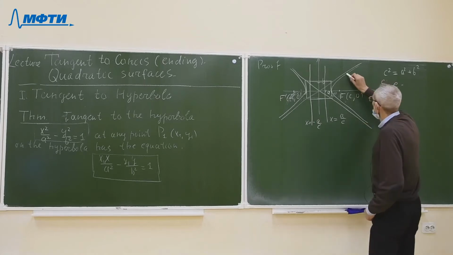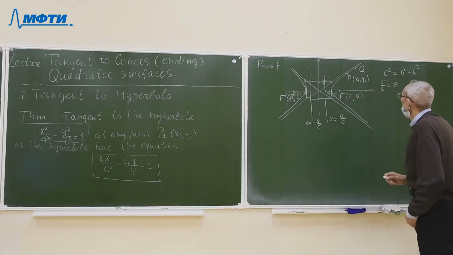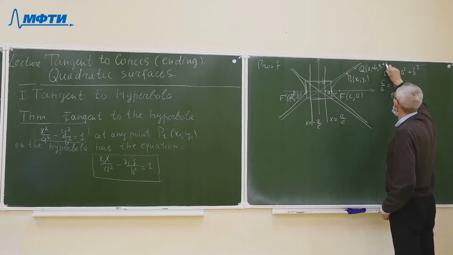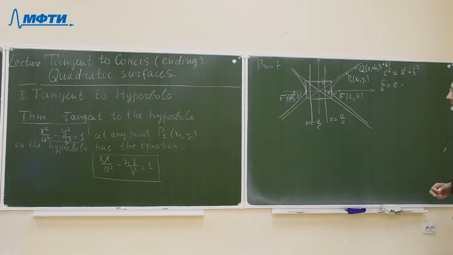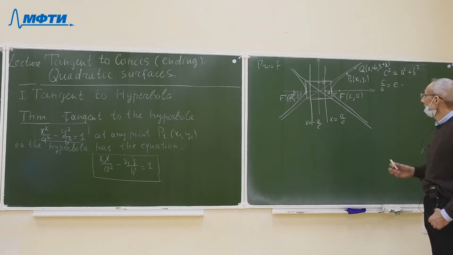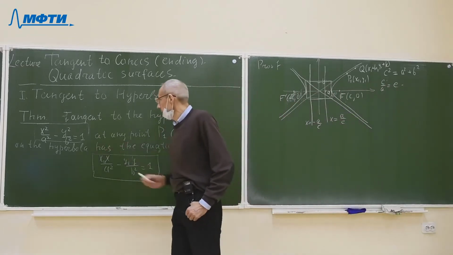And let's consider the point P1 with coordinates x1, y1, and another point Q with coordinates x1 plus h, y1 plus k. The coordinates of this point satisfy the basic equation of the hyperbola.